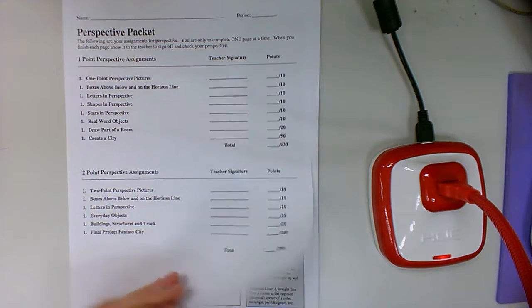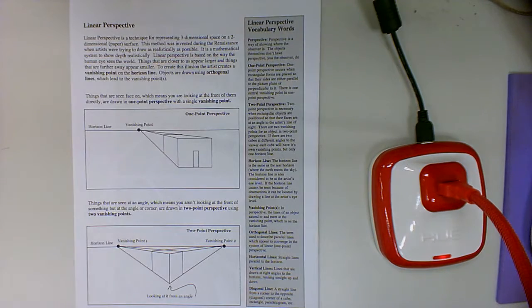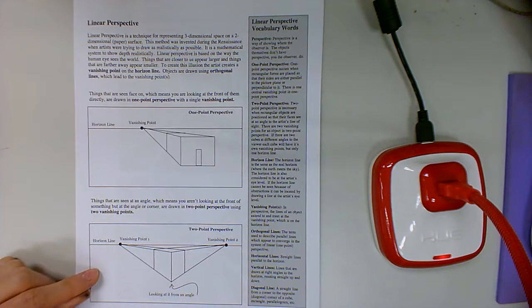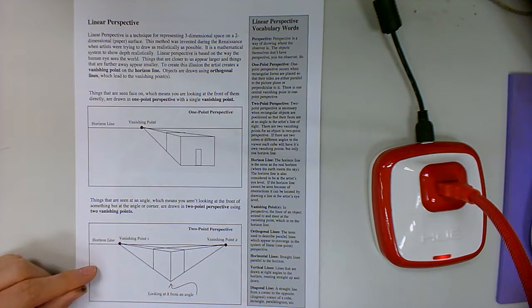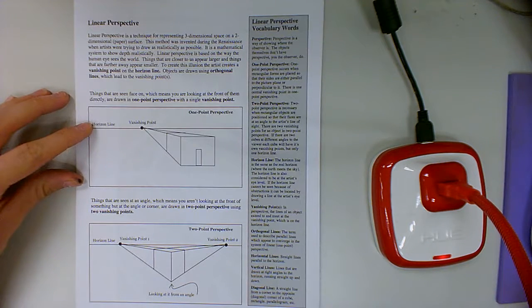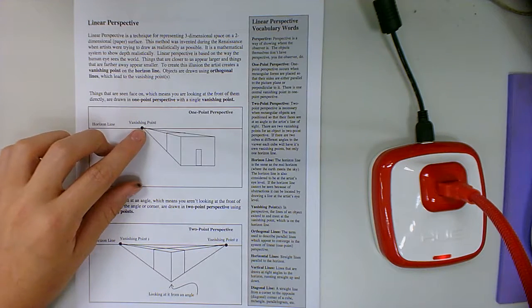If you take a look at the first page, this gives you an overview of what linear perspective is. There is both 1 point and 2 point perspective here. It is important to understand that perspective is created by using a horizon line. The horizon line is where you will also find the vanishing point.